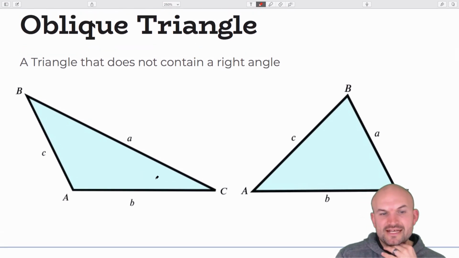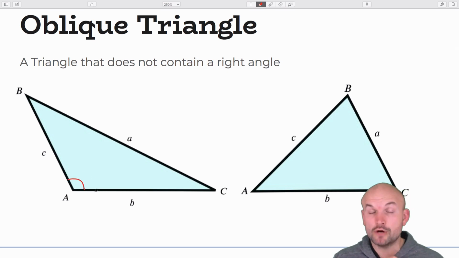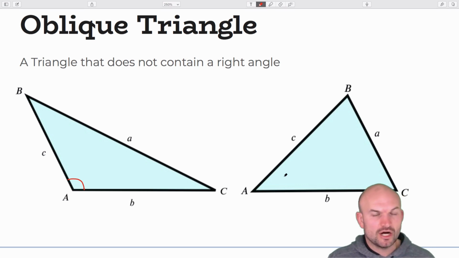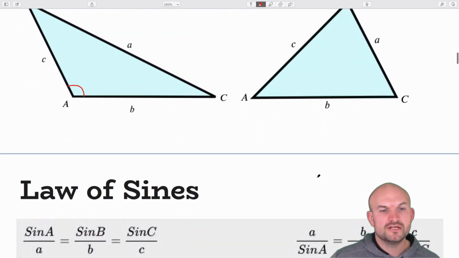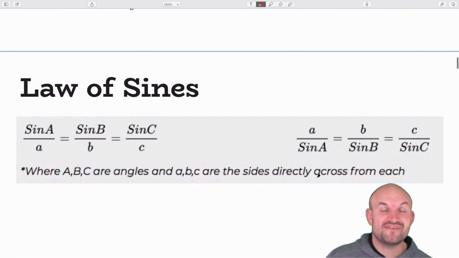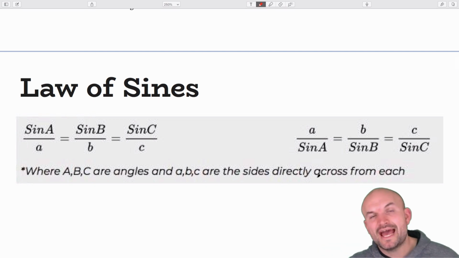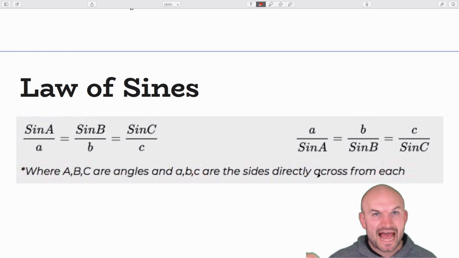There are two ways that we describe oblique triangles. We can describe them as an obtuse triangle. That means they have one obtuse angle. Or we can call them an acute oblique triangle, meaning that they have all three acute angles. So we're going to use the law of sines to help us find the missing measures when we have oblique triangles, again, absent of a right triangle or right angle.